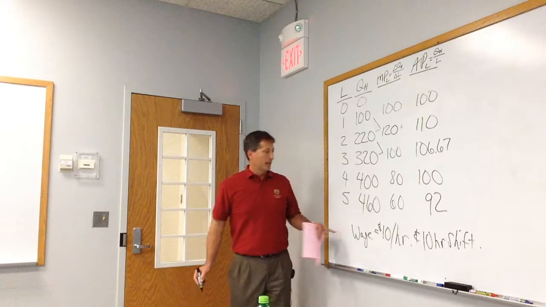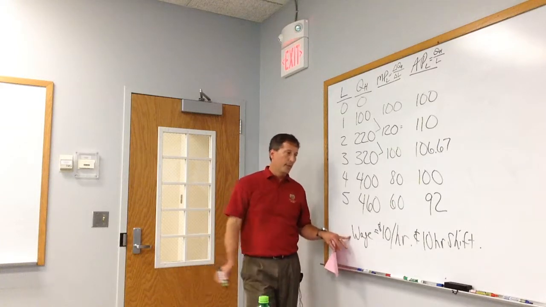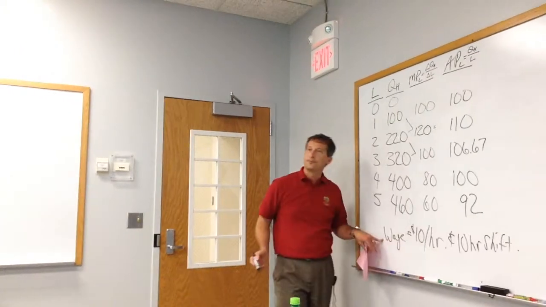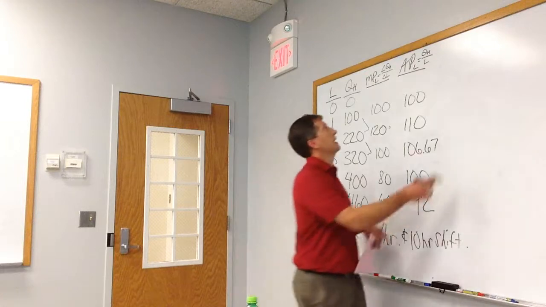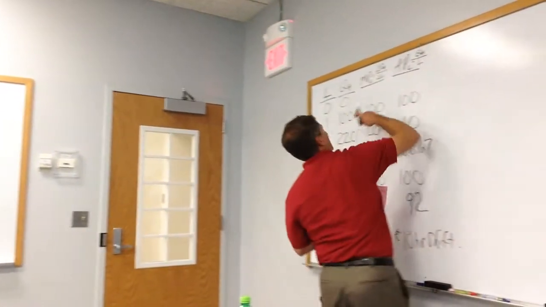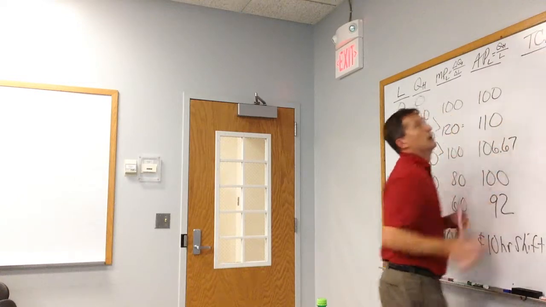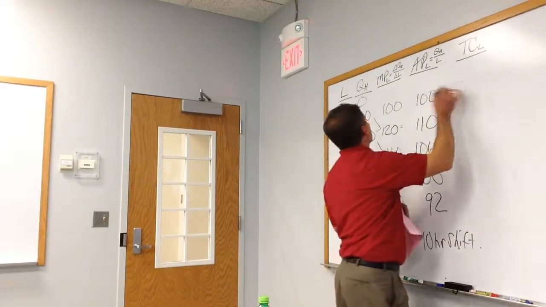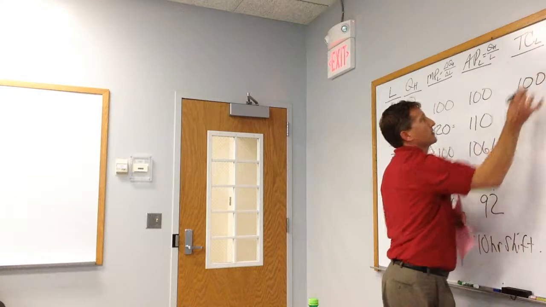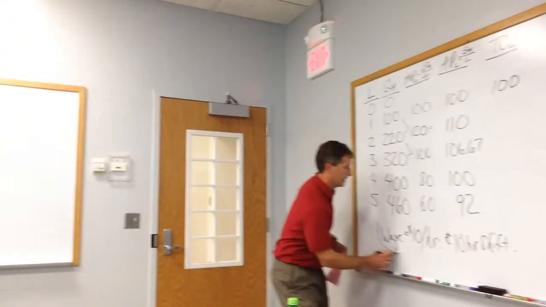What is the cost of the first worker? $100, 10 times 10. So that first worker, if we're measuring now the total cost of labor, 1 worker is going to cost me $100, given those little details here.